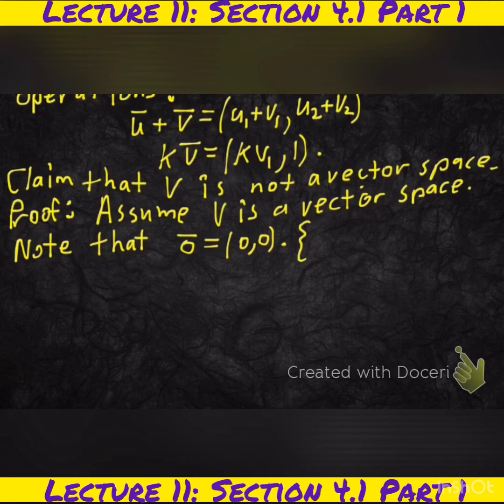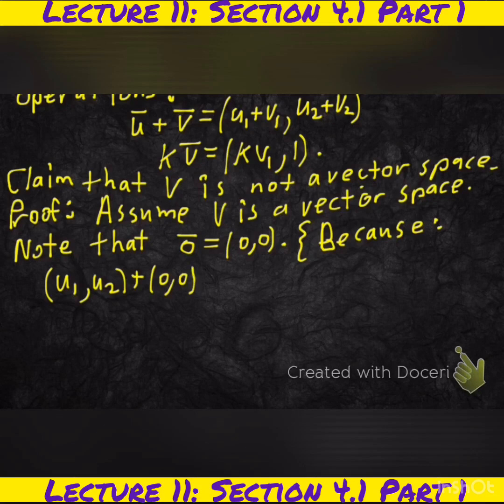We can say it's because if you take any vector u and you add that to 0, we know by this law here that it is (u1 plus 0, u2 plus 0), and that is (u1, u2).